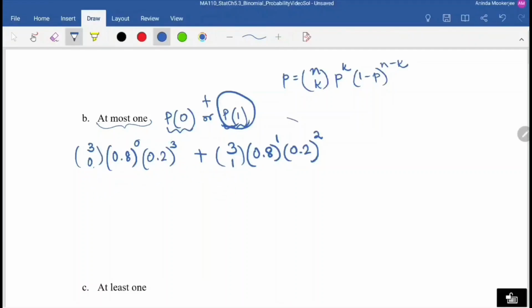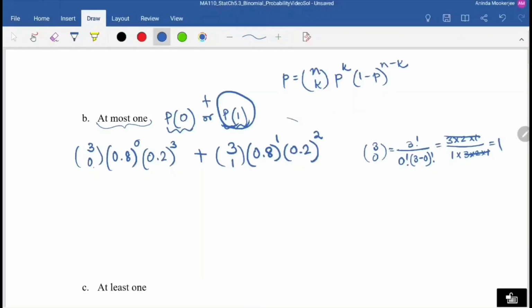So now we'll do the calculations on the side. 3 combination 0 is how much? It's 3 factorial divided by 0 factorial times 3 minus 0 factorial. So 3 times 2 times 1 divided by 1 times, again, 3 times 2 times 1, which is 1.